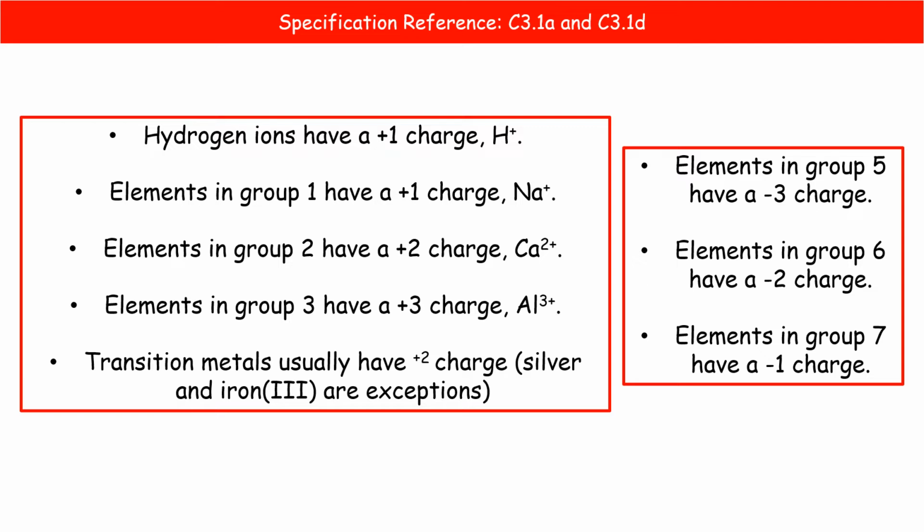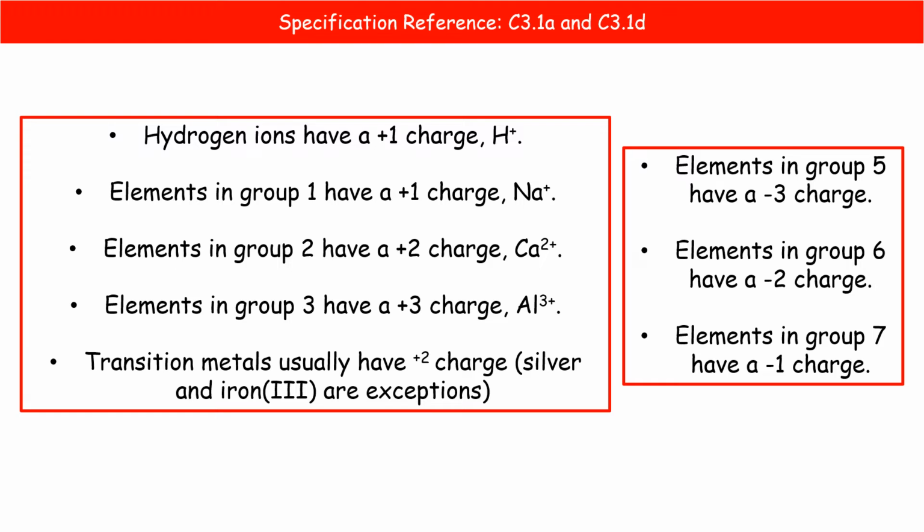If we go to the right hand side, groups 5, 6 and 7 follow a similar pattern, but these are negative. What we're basically doing here to work out the charge is how many more do we need to get to the number 8. So from 5 to 8 is 3, so it gives us a -3 charge. From 6 to 8 is 2, -2 charge.